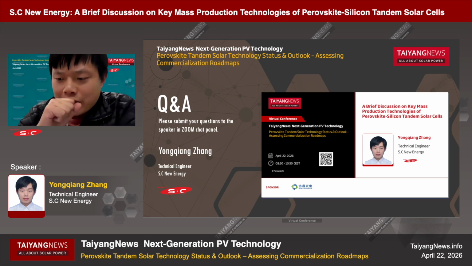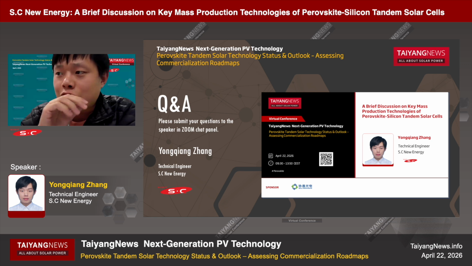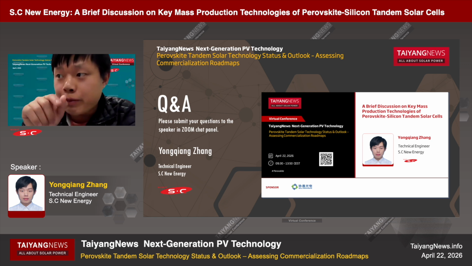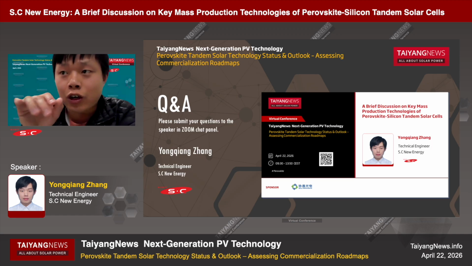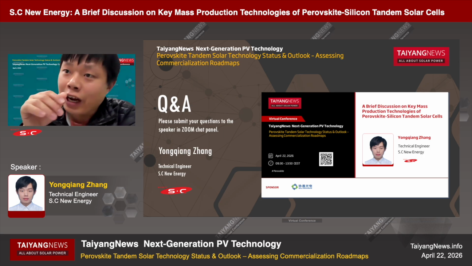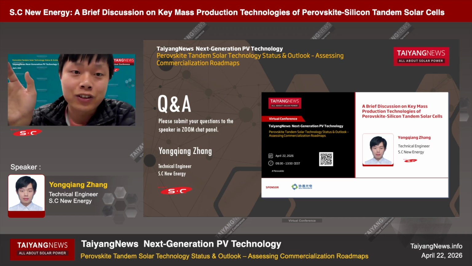Okay, I get your point. Currently in our perovskite pilot line, every day we still do a lot of experiments on the 210 millimeter half wafer solar cell, and we still optimize the recipe. In future, we hope our tandem device can achieve the commercial level.